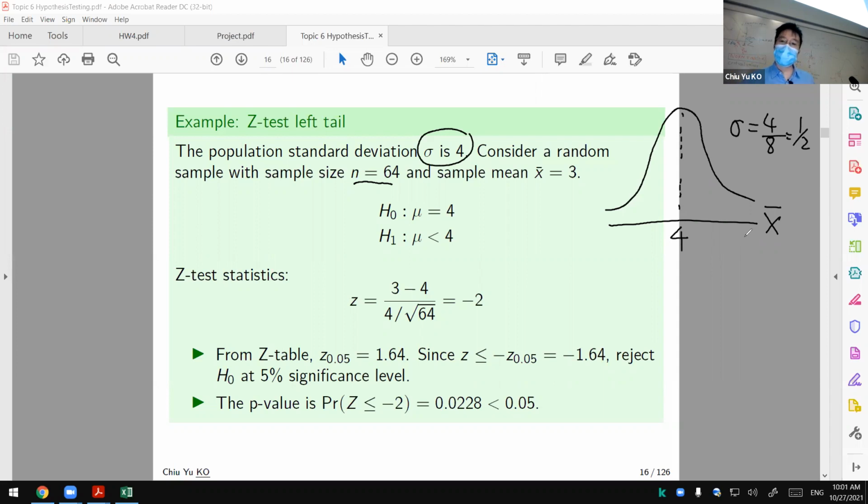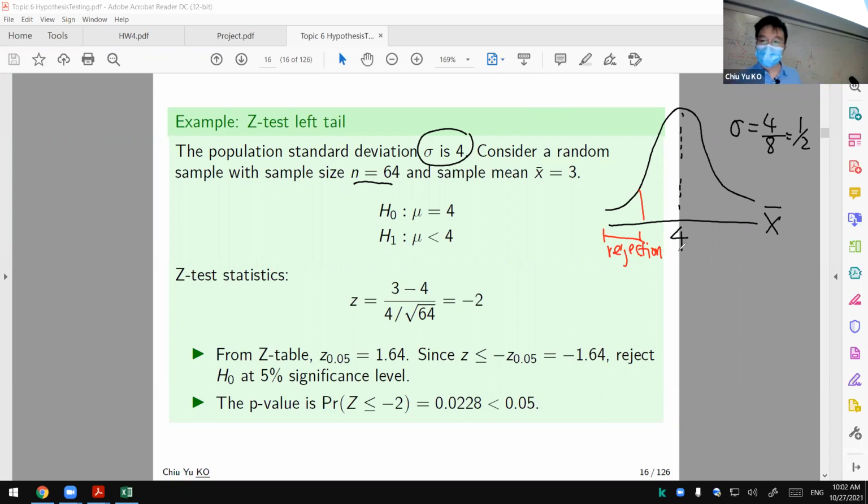Now, here is the procedure again: we look for the rejection region. This area is called the rejection region, because we're saying whether it is small. If it's very small, then we will say we don't accept it.